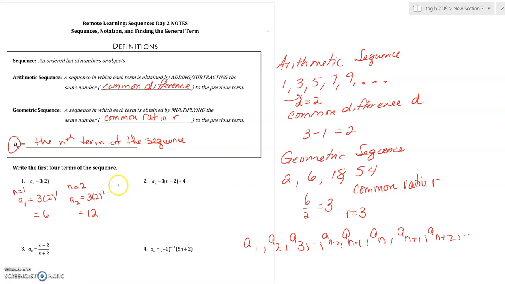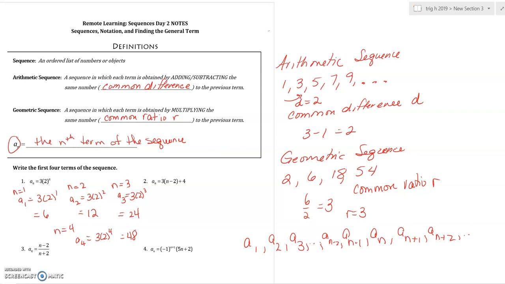Let's let n be 3. So the third term is 24. And if we let n be 4, the fourth term is 16 times 3, that's 48. So we could find the first 4 terms.